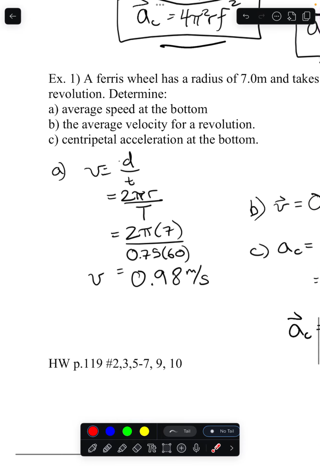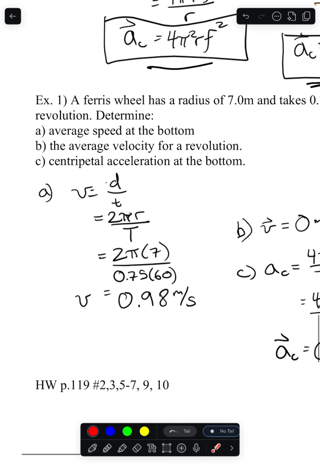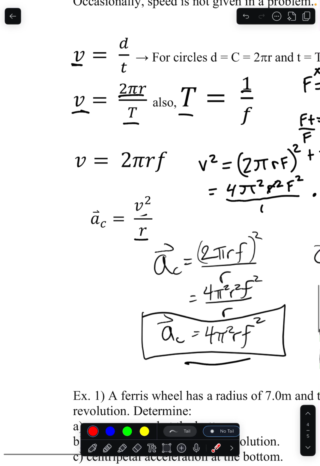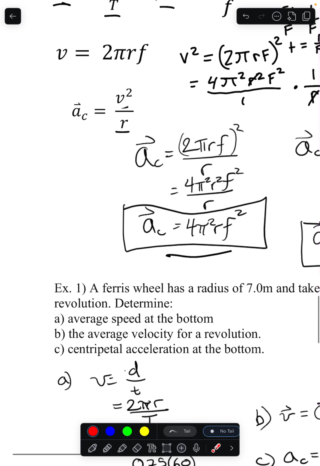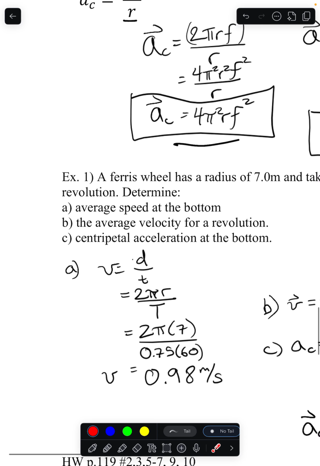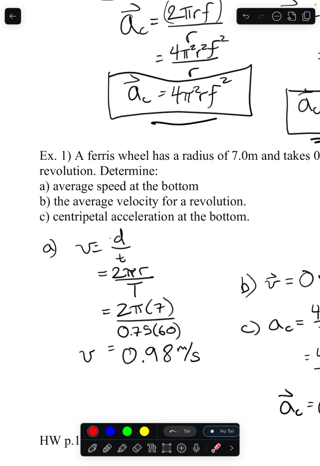So to find part a, we have to find the average speed at the bottom. To find average speed, we have our v from this equation over here, which we can rewrite as this, or any of these really. So we have v equals d over t.